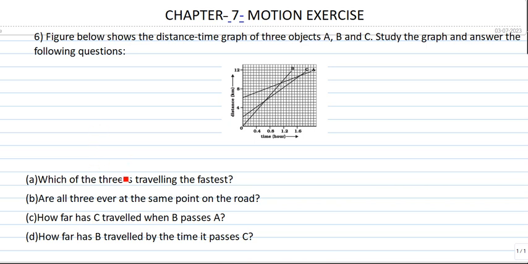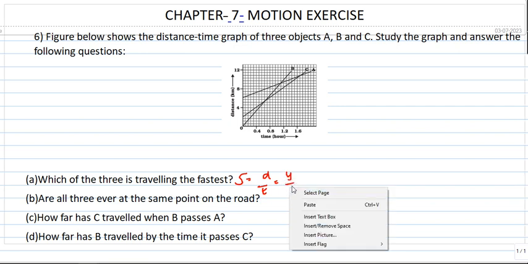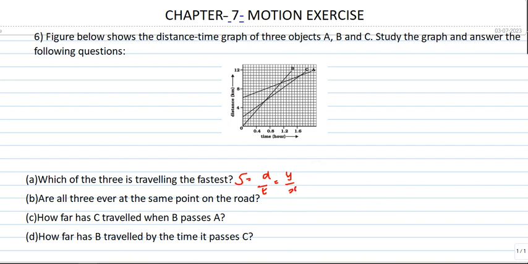First question is, which of the 3 is traveling the fastest? So to find which is fast, we should know the speed. So what do we know? We know speed is equal to distance by time. In the graph, we see distance is along the y-axis and time is along the x-axis.